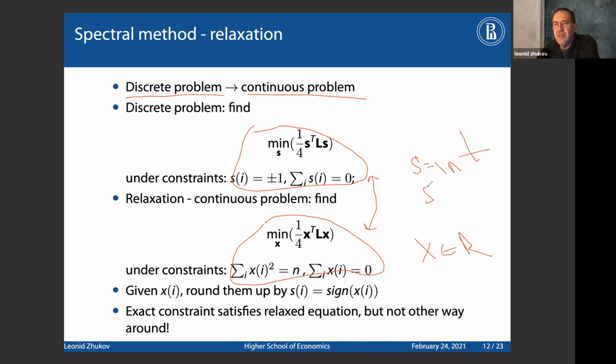And that makes a world of difference, because again, this problem is NP hard, and this is easily solvable. Then after the solution, we will just take, for example, the sign of x and convert it into s. So we take the solution and take it back to integers.